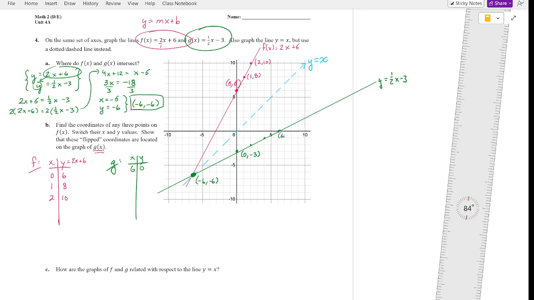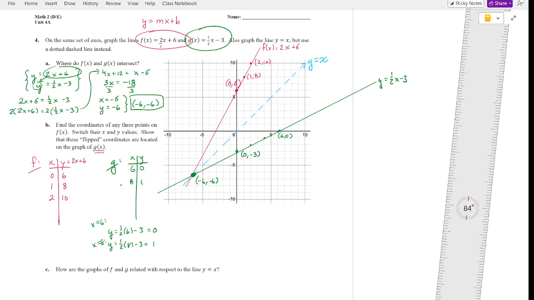And to prove it, when x is 6, y equals 1/2 of 6 minus 3. That's 3 minus 3, which is 0, right? So (6, 0). If we plug in 8, then y equals 1/2 of 8 minus 3, which is 4 minus 3, which is 1.